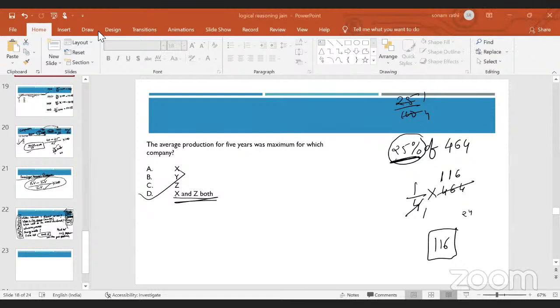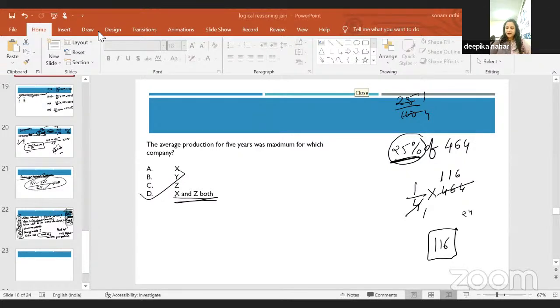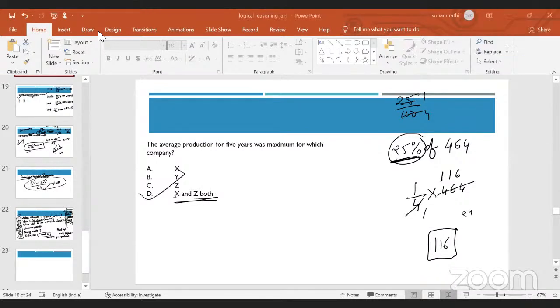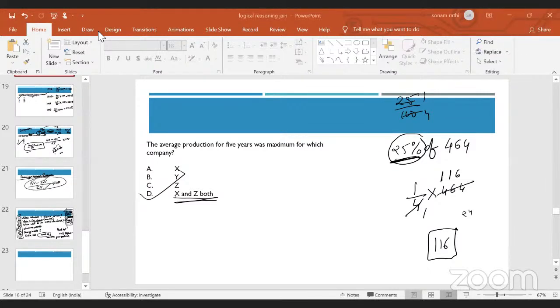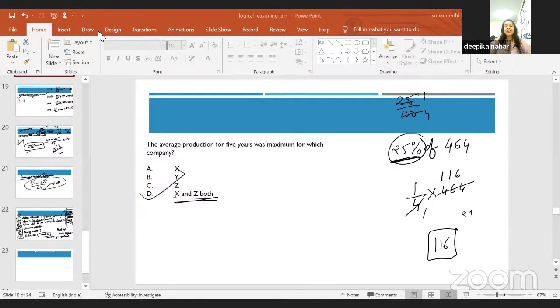Maybe there are chances that I reply a little late because of too many messages, but for sure I will reply within 24 hours. So this is my number. Please add it in the group. Save this number. I am Deepika from Jain Deemed to be University, and I handle international admissions scholarships.